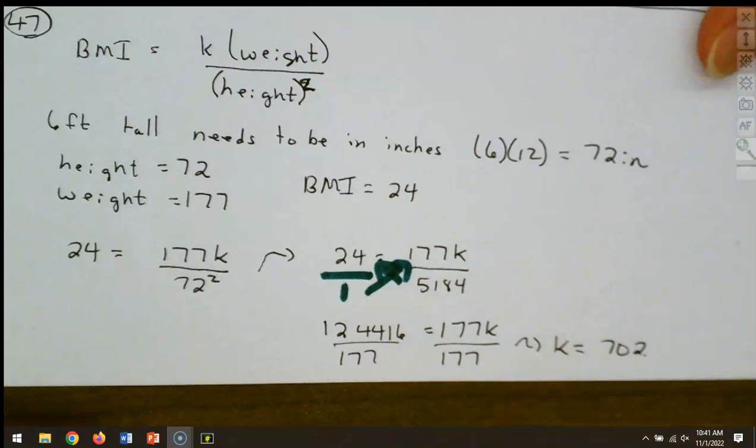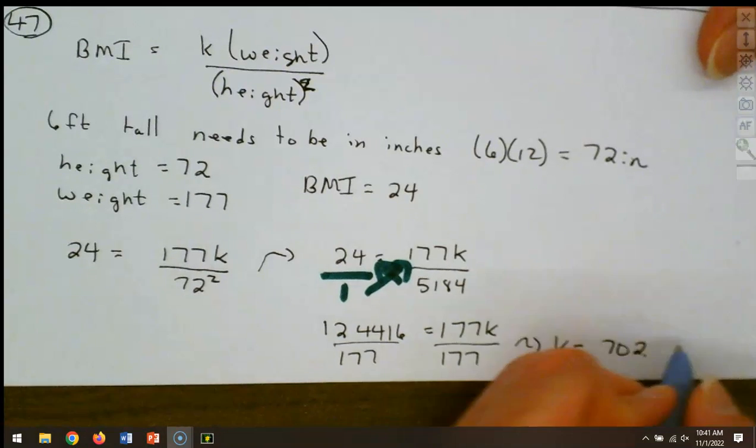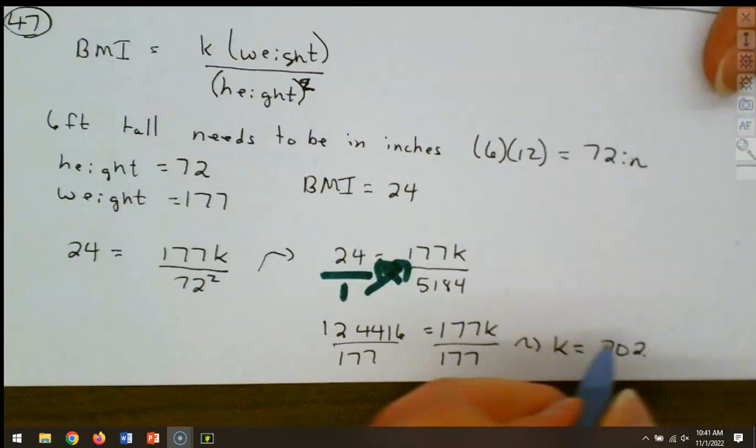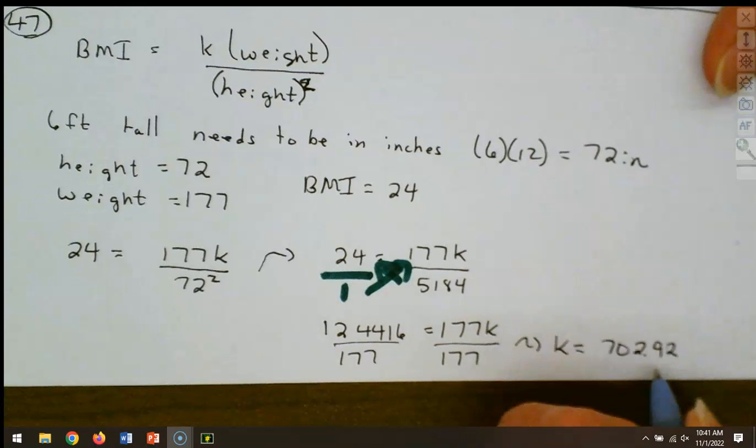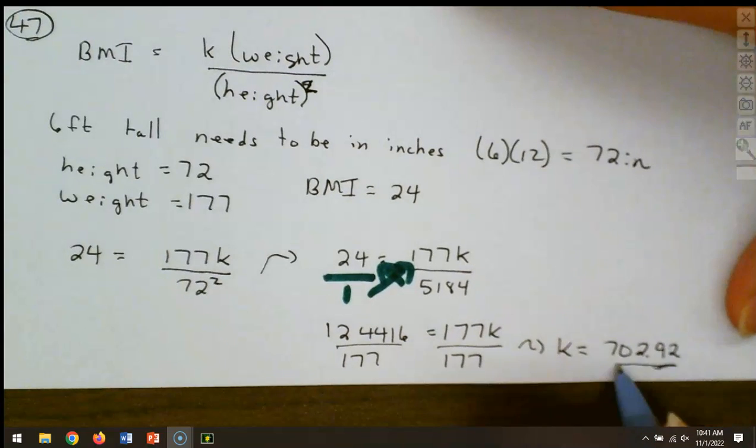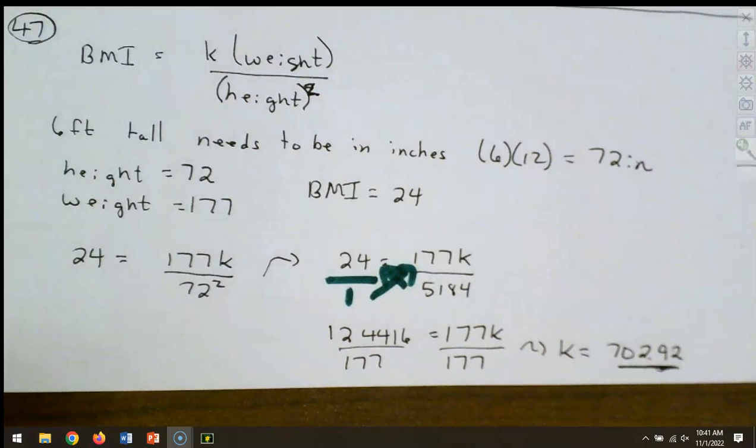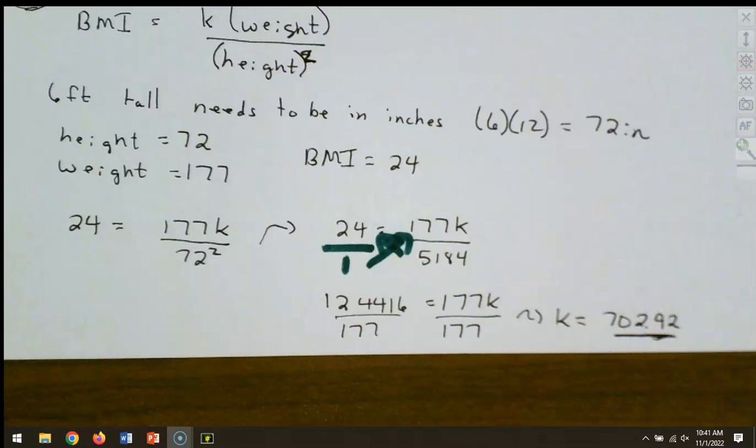And we'll take this out 2 places. It's going to be 702.92. Close enough. So we have square, cross multiply. Looks like that's our K.